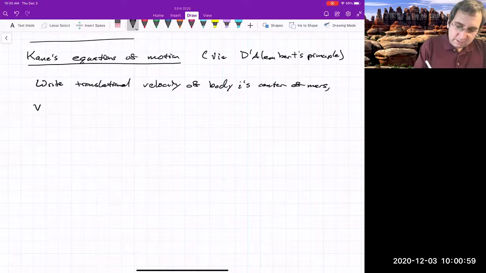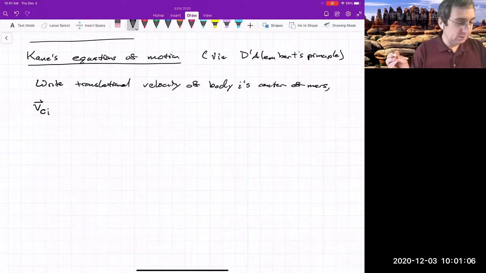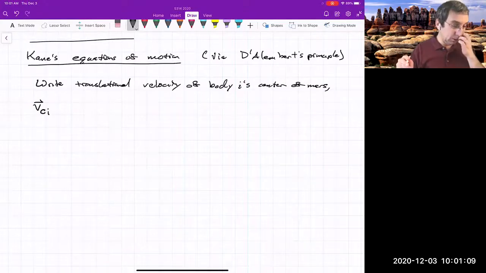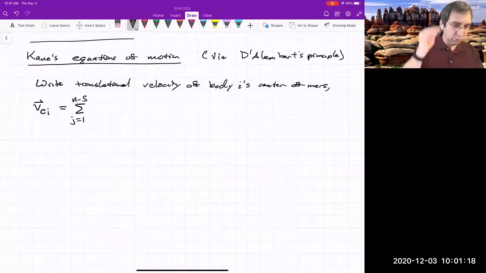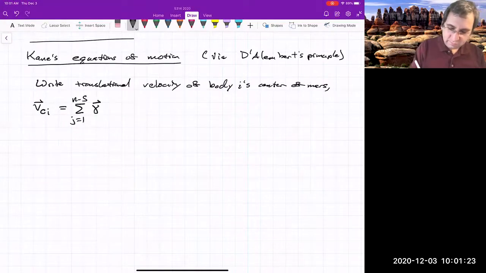I'm following the notation of Greenwood. So he writes VCi, and this is a sum, j goes from 1 to n minus s, because we're going to be doing a sum over quasi-velocities. It's a vector, gamma ij uj plus gamma it.